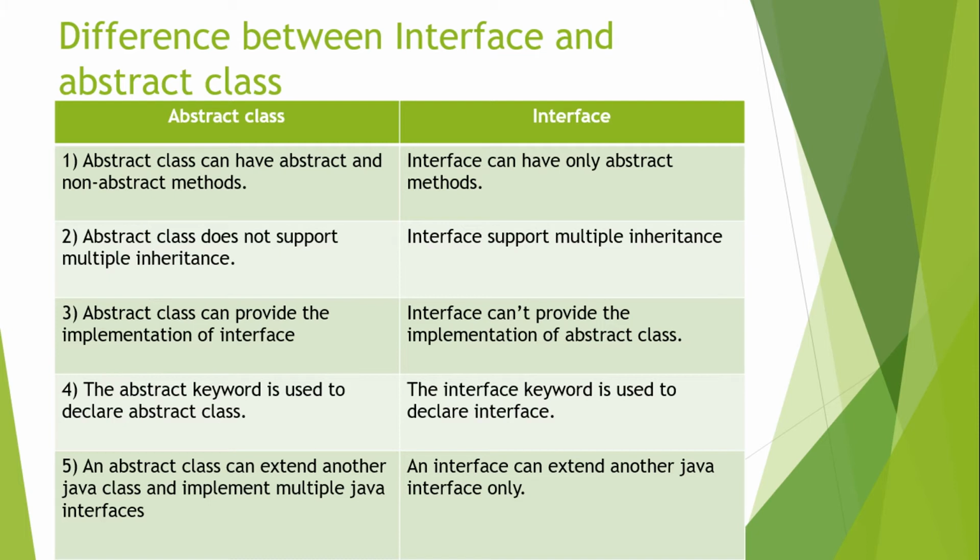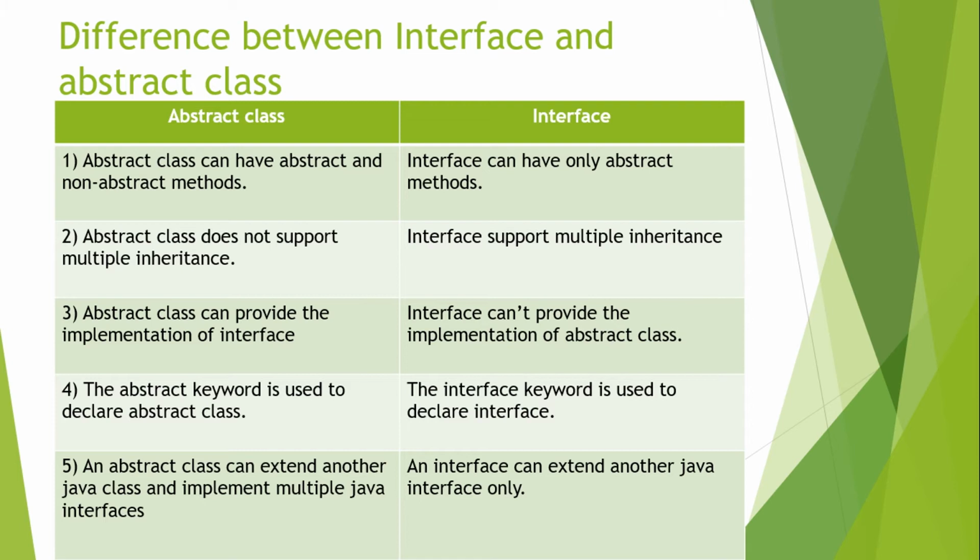Now the number 5, the last difference: an abstract class can extend another Java class and implement multiple Java interfaces, but an interface can extend another Java interface only. I already told that an interface is an artificial class. It's a class-like structure but not a class.